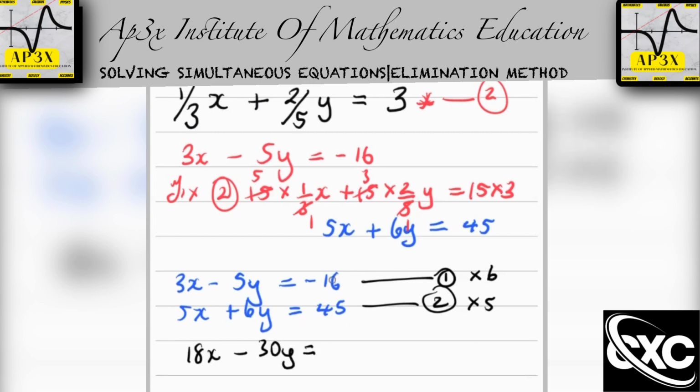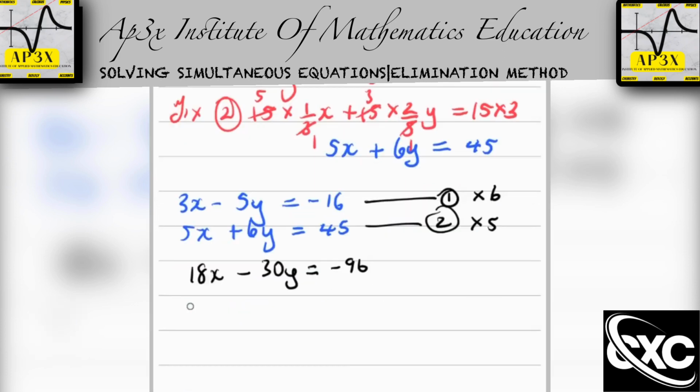And 6 multiplied by 16 gives me minus 96. 5 multiplied by 5x is 25x. 5 multiplied by 6 is 30, so that's positive 30y. And 5 multiplied by 45 is 225.